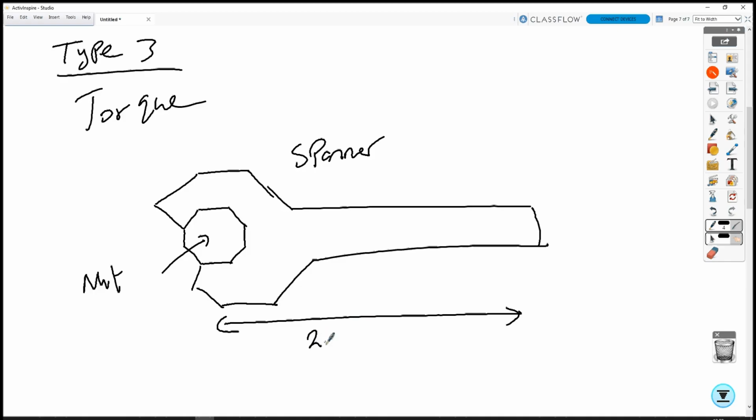If this separation is 20 centimeters and we apply a force on the end here of 30 newtons, then we just apply T equals F times d. And you'll just do 30 newtons times 20 centimeters. Remember to convert that into meters. So it'll be 30 times 0.2. So again, a simpler problem.